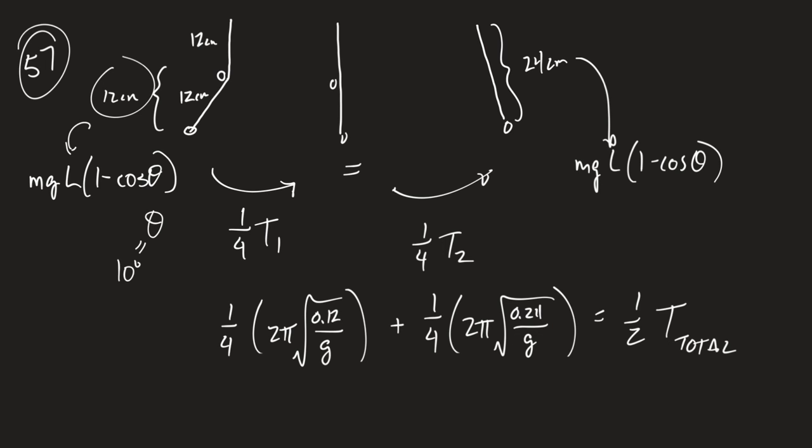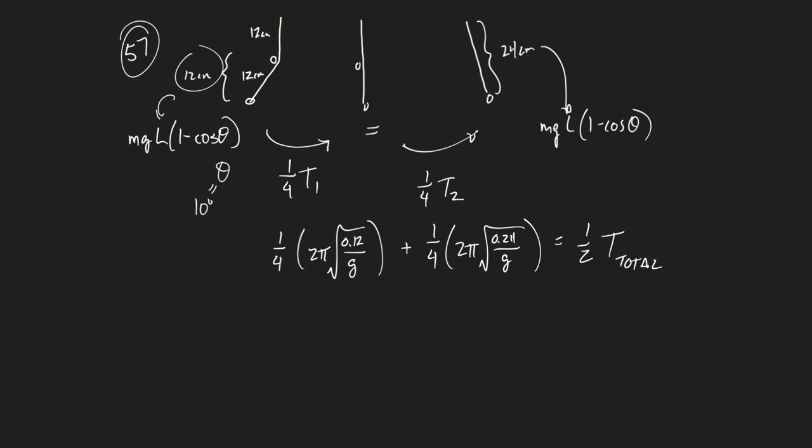Everybody following all of this? Because I'm just trying to go fast. So I'm just going to kind of yeet that away and have mg 12 (1 minus cosine 10 degrees) equals mg 24 (1 minus cosine unknown degrees).